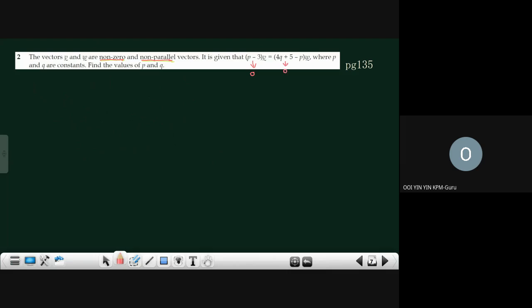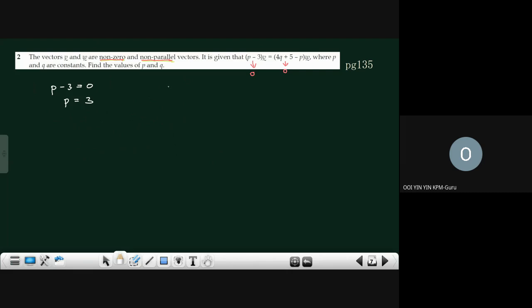Remember the lesson yesterday? So this one, easy. Is your p minus 3 equals to 0? If you forget, please take a look back at yesterday's lesson. So your p will be 3.